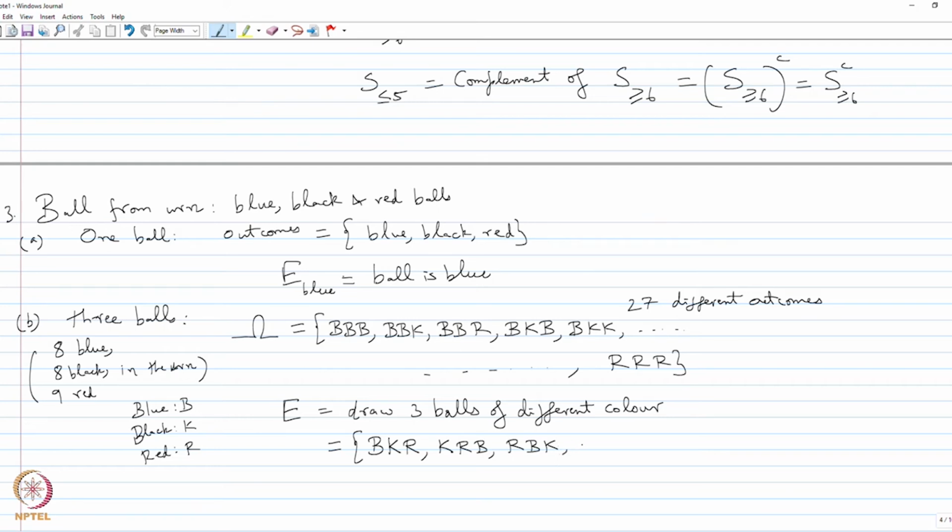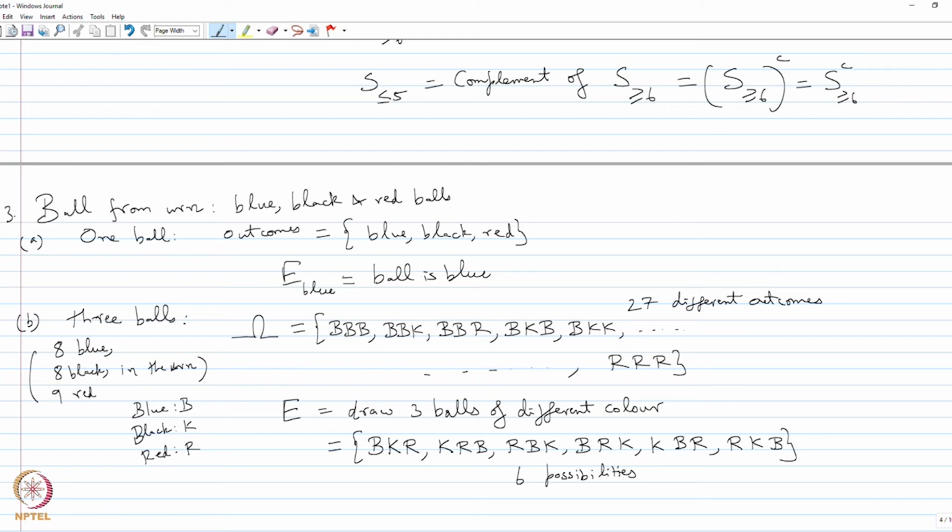So for instance, you can have blue, red, and black. The ordering can be different, and then you can have black, blue, red, and then you can have red, black, blue. So these are the 6 possibilities that you will have if you want the 3 balls to be of different color.